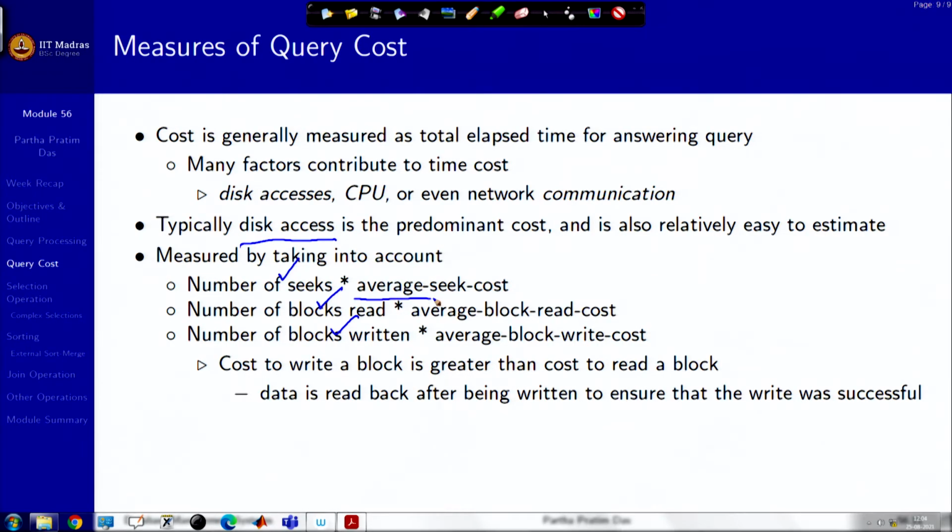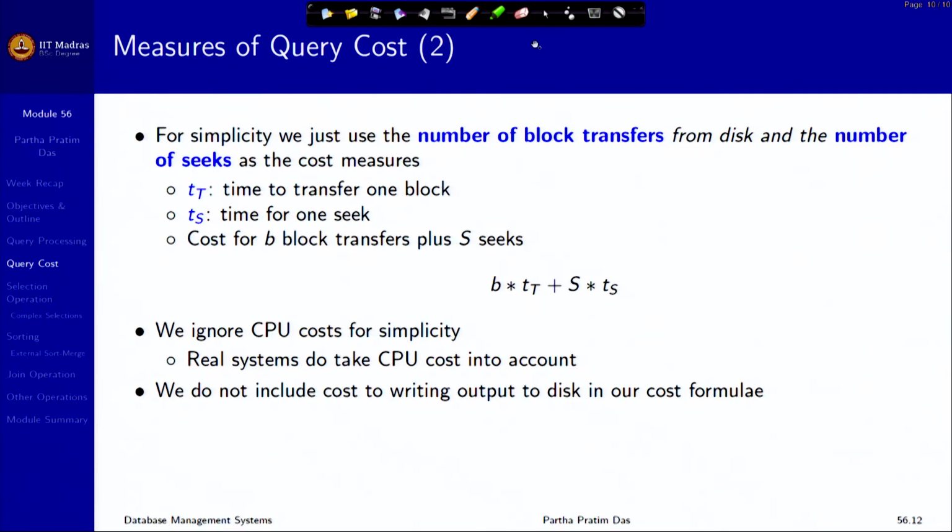You will use estimates for the average seek cost, average block read cost, and average block write cost. It will vary from case to case on the same disk system also, but we will take some average estimated value. Naturally, the cost to write a block is far greater than the cost to read, for the simple reason that after you write, you read back to check that the write was successful. So, it will always be more than what you need for a simple read.